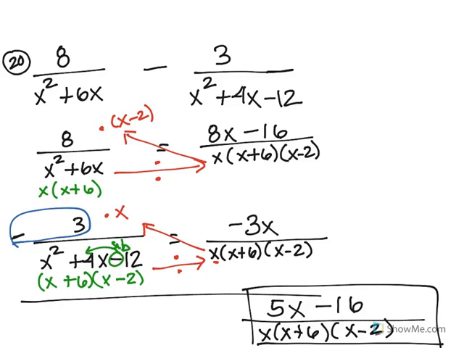Now the last section, 17 through 20, is utilizing that LCD to add and subtract the fractions. So on number 17, we got (2x minus 6) over 4 plus (x plus 5) over 6.